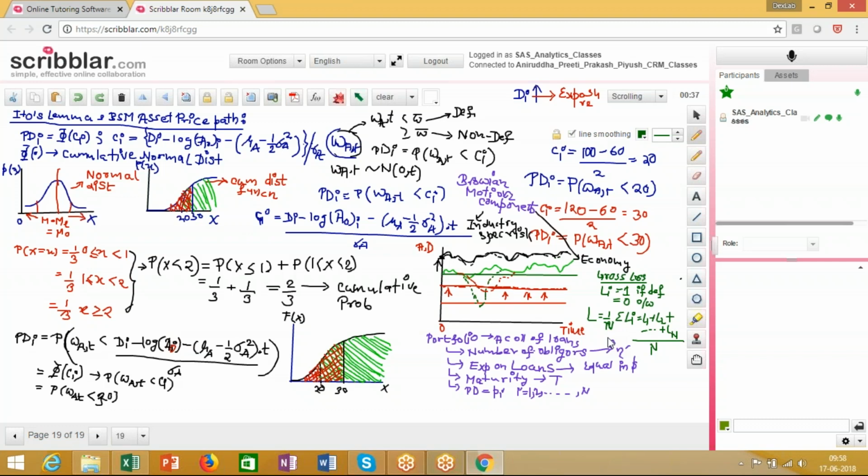Let's think that there is an ith obligor who has an asset part and a debt obligation. All of them have a similar debt obligation. What differs is their asset part, and all their loans are maturing at the end of the Tth time period. So some of these borrowers will default and the amount will go into loss, and some will not.